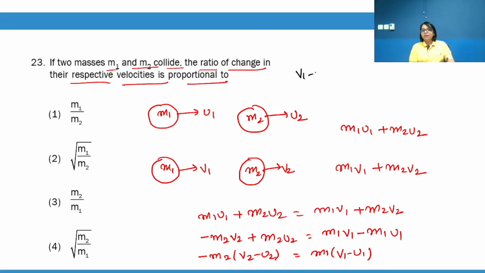So v1 minus u1 divided by v2 minus u2 will be minus of m2 upon m1. So the ratio is directly proportional to m2 upon m1. Sorry, this is m2 divided by m1. So correct answer is option 3.